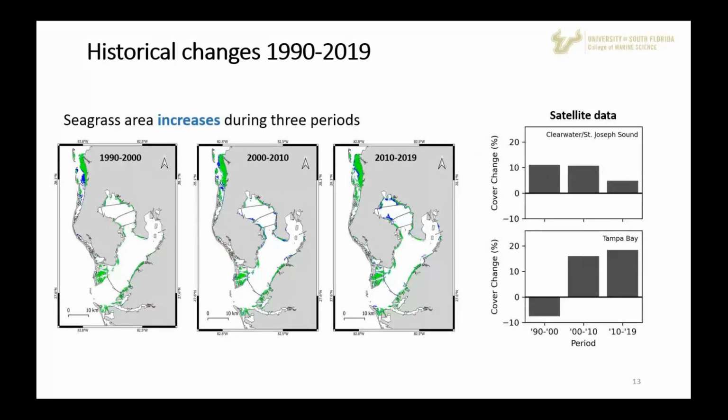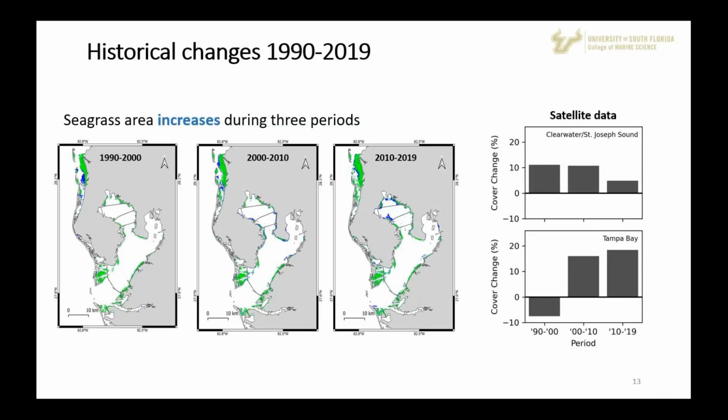Here we can see different areas that gained seagrass over the different periods, and how much the change was. In the map, the blue regions mean the seagrass area that was gained.